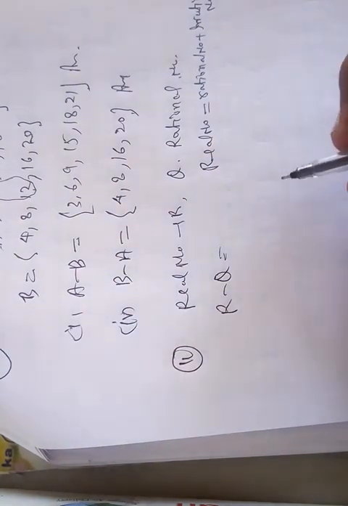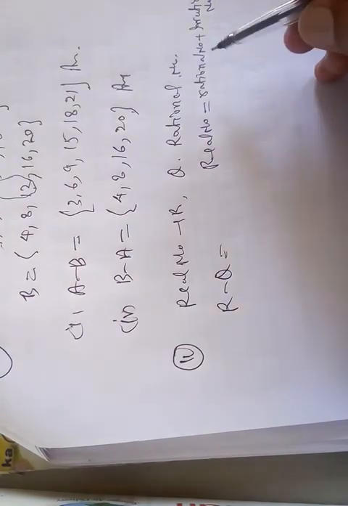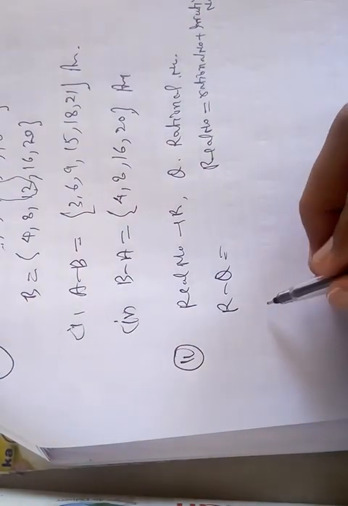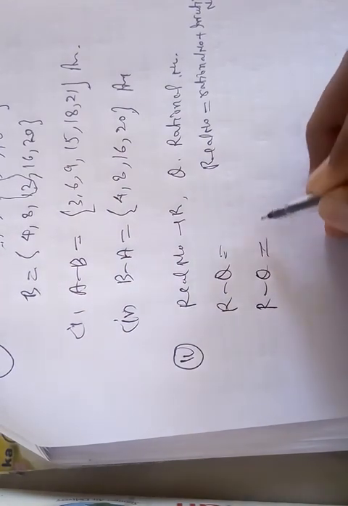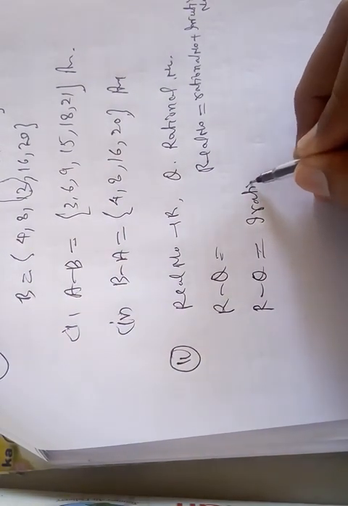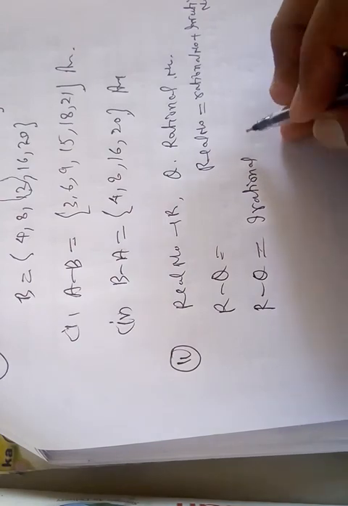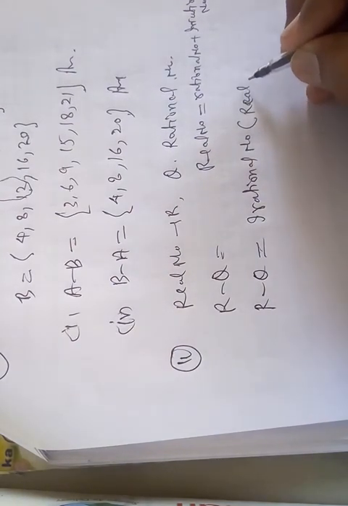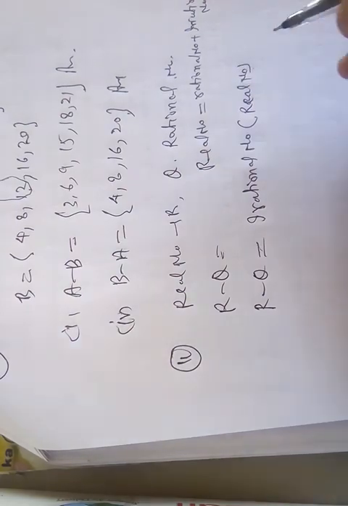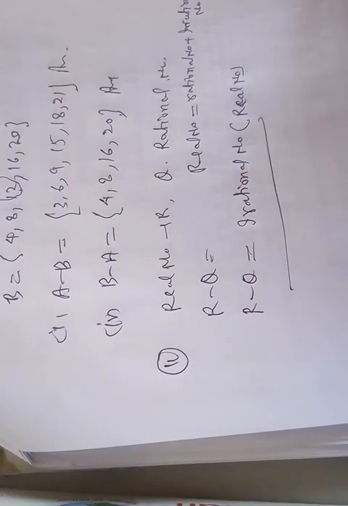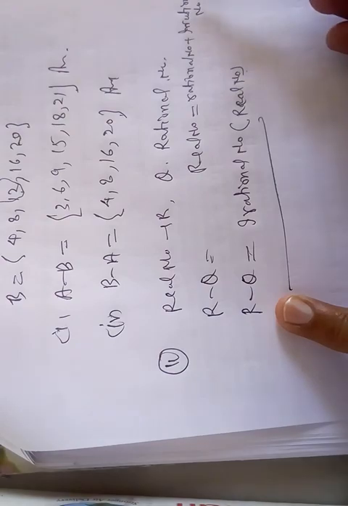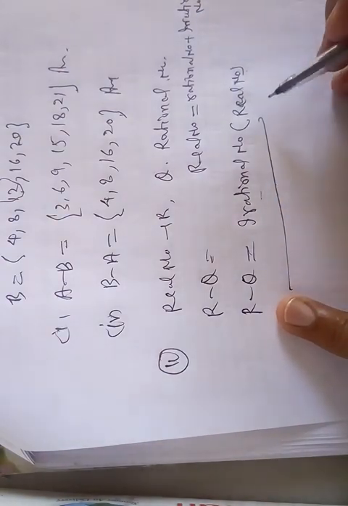Real numbers have rational and irrational numbers, so real minus rational equals irrational. So R minus Q equals the irrational numbers. An irrational number is also a real number. Clear? All real numbers have rational and irrational numbers, so subtract rational, and the remaining is irrational.